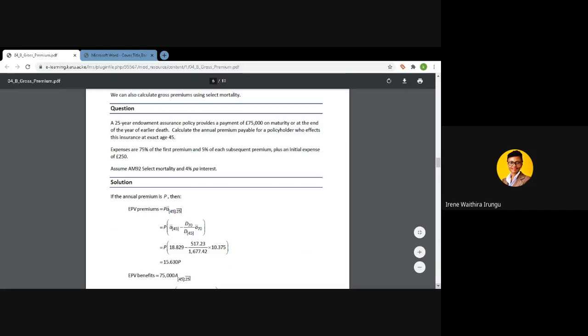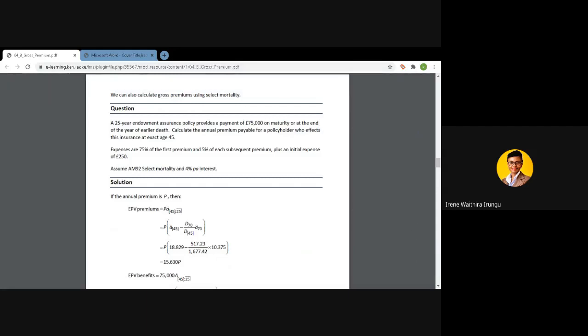So we are now dealing with an endowment lasting for 25 years with a sum assured of 75,000, and this amount is only payable at the end of the year of death. This policy is being paid with annual premium, and it is issued to a life who is aged 45.